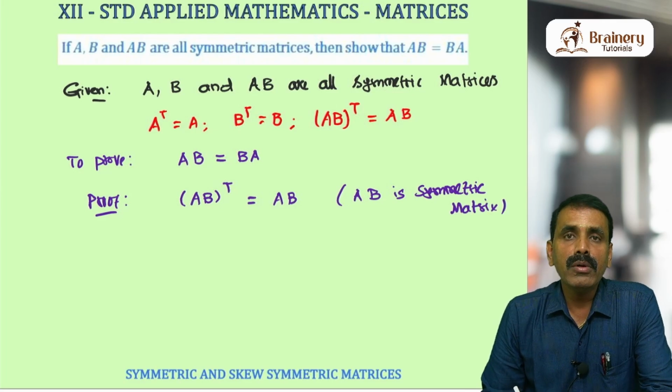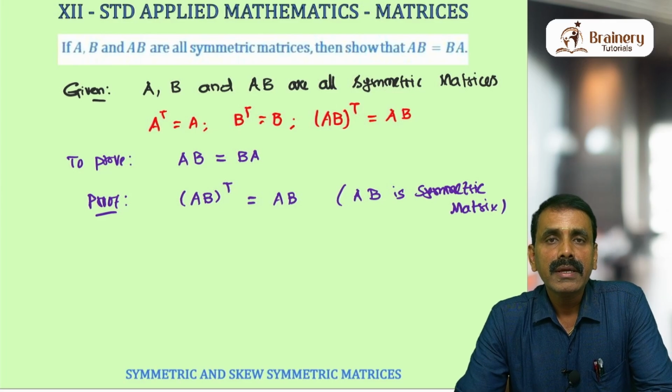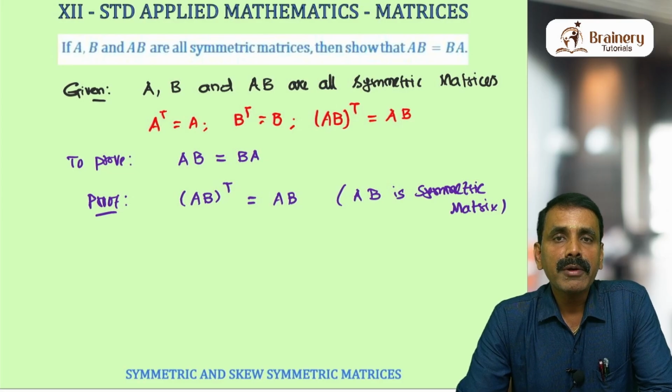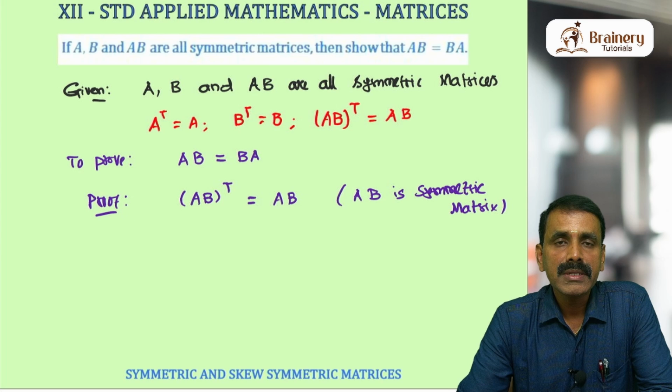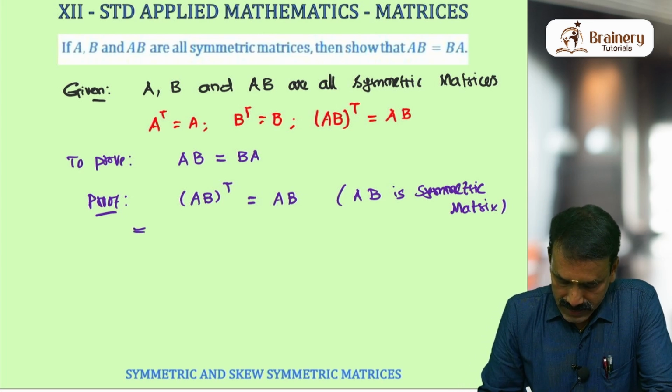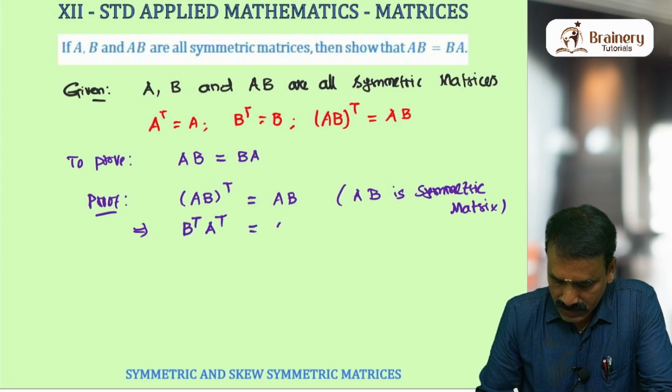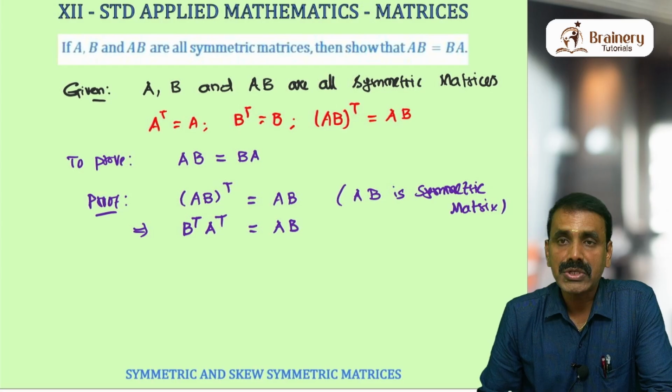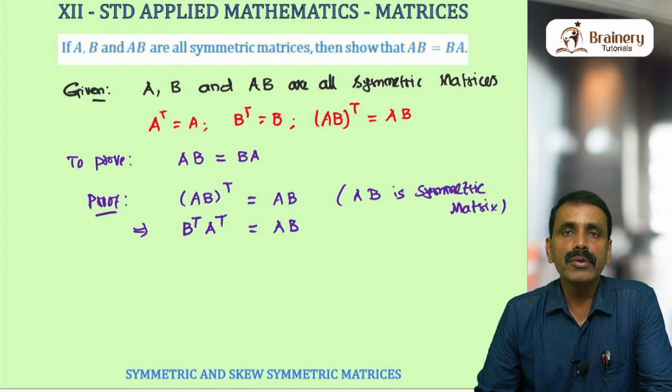Now what is AB whole transpose? Use the property of transpose of a matrix. By the property of transpose of a matrix, AB whole transpose will be rewritten as B transpose A transpose, which is equal to AB. The right side we are not going to touch. Only on the left side we are going to do the simplification.